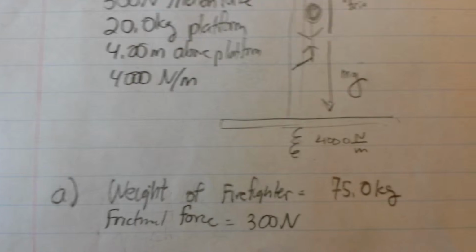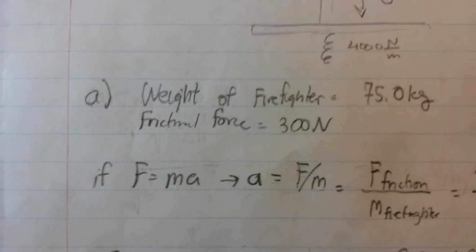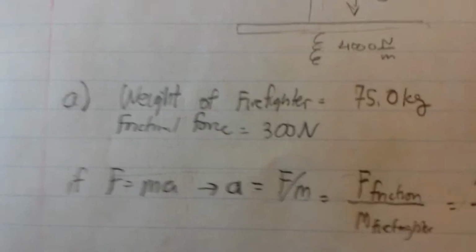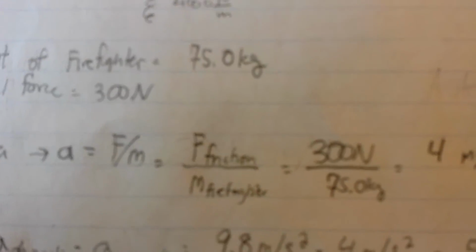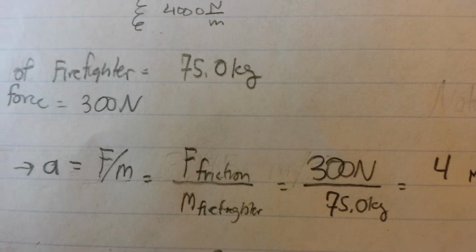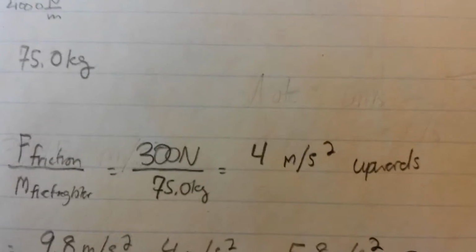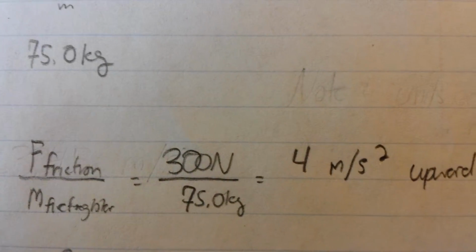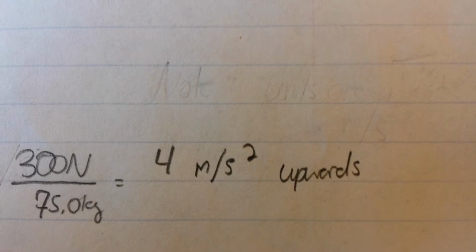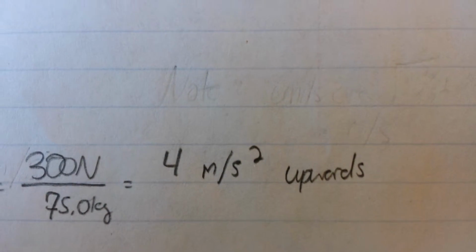So if the force is equal to mass times acceleration, then acceleration is equal to force divided by mass. So the acceleration here would be the force of friction divided by the mass of the firefighter. If you plug in those values, it's 300 newtons divided by 75 kilograms, and the answer will come out to be 4 meters per second squared upwards.